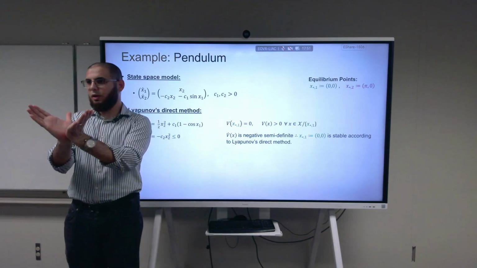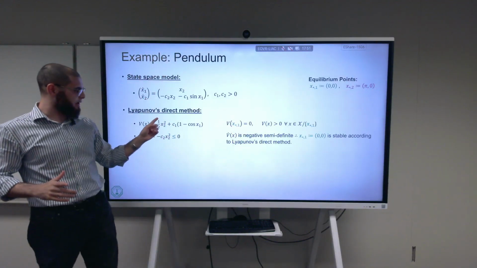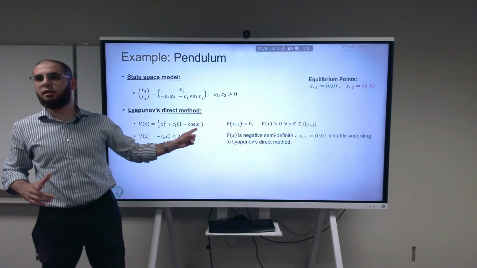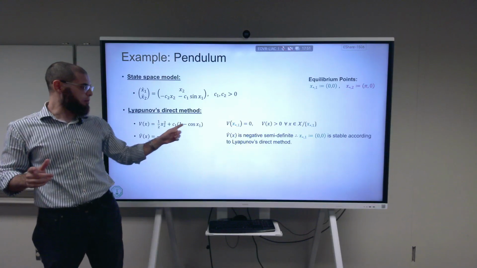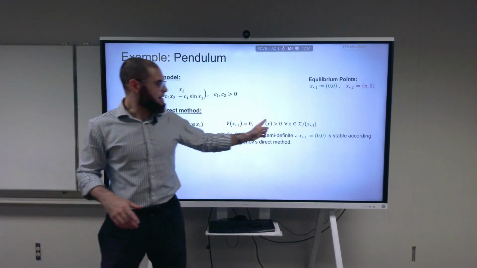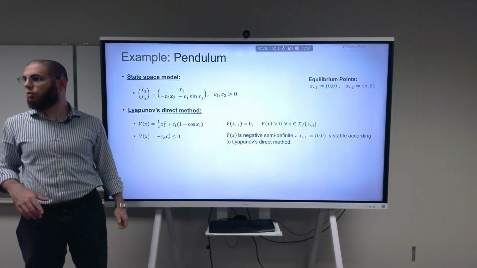We need it to be 0 at that point and then positive everywhere. So it's 0 at that point clearly, because if I have x2 equal to 0 and cosine x1 equal to 0, then cosine 0 is 1. So 1 minus 1 is 0, and then I have here 0, then I have 0. And it's positive everywhere, excluding this equilibrium point 0 and 0, right?